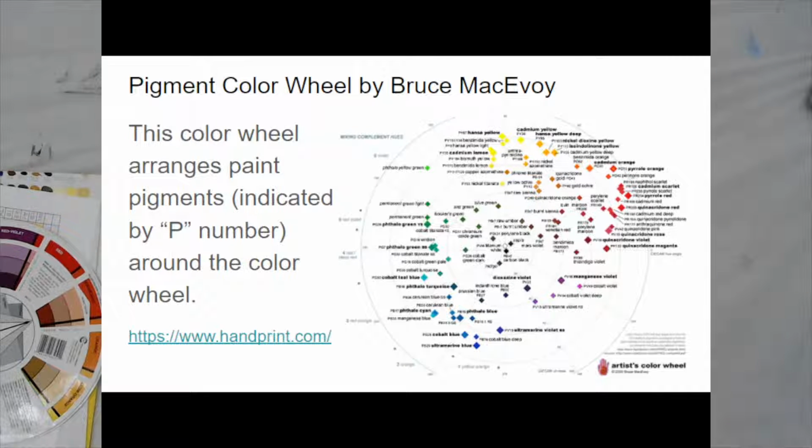The only reason I bring this up is to show you how this adds a bit of complexity to color mixing, and to help you realize that it's not you. There's nothing wrong with you.